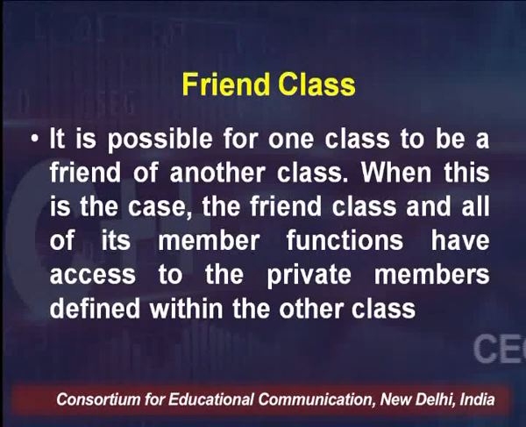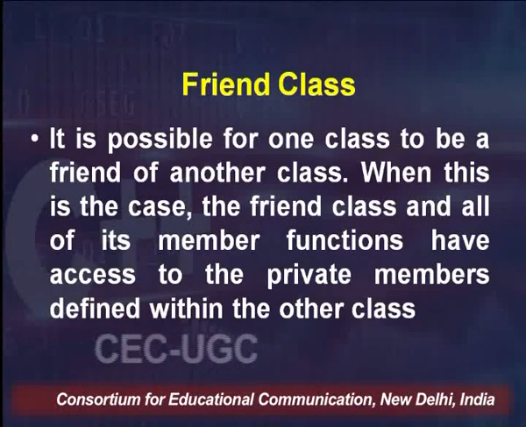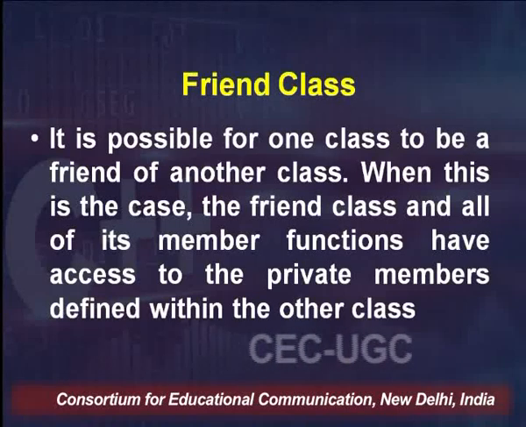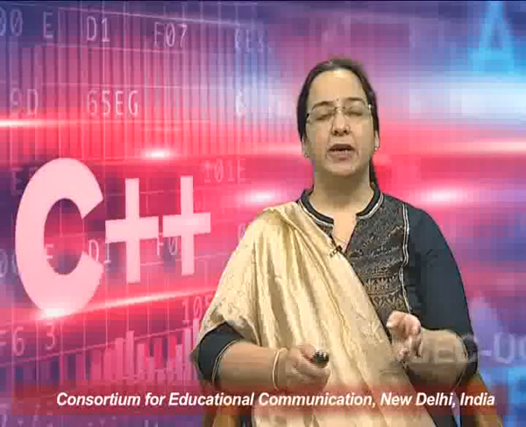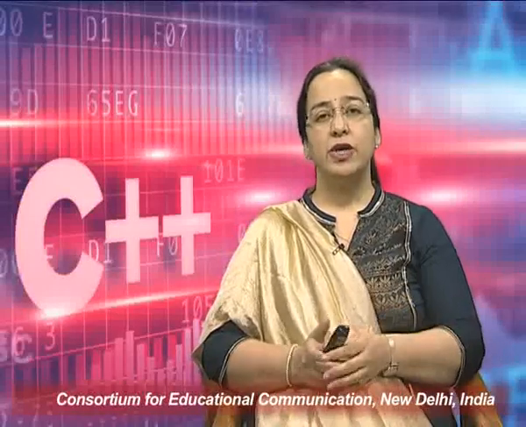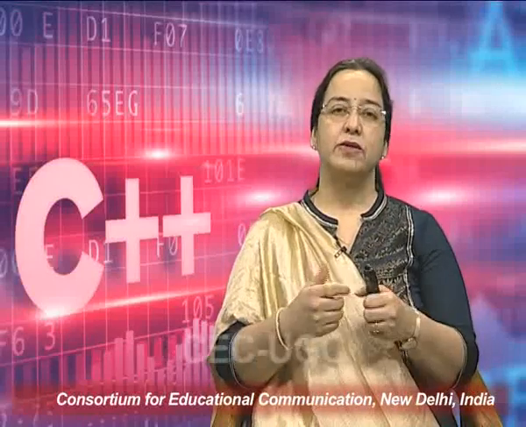But first of all, let us try to understand how a friend class can use the private members of the other class to which it is being declared a friend. As you are all aware, whenever we are talking about friend functions, we have to use the keyword friend.